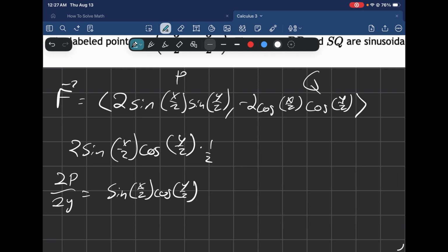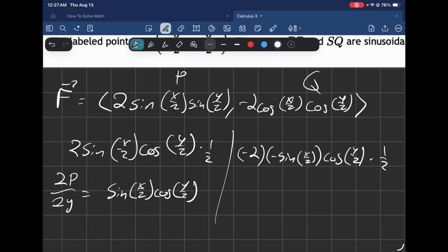And then here for q, we have to find the partial derivative of q with respect to x. So this will be, and let me just separate this, negative 2 times negative sine x of 2 cos of y of 2 times 1/2.